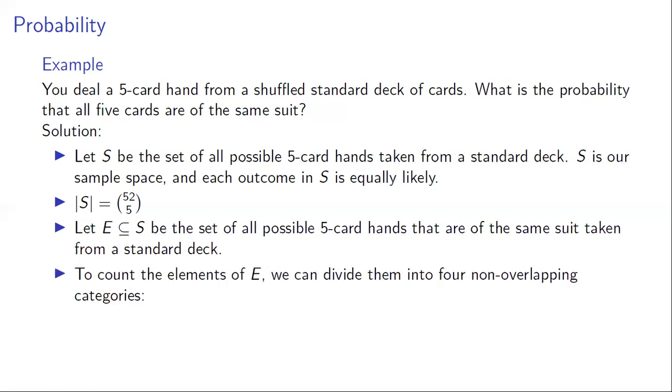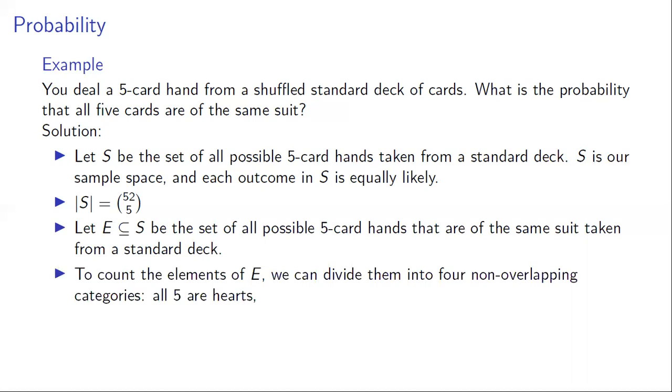To count the elements of E, we will divide them into 4 non-overlapping categories. The first category is where all 5 cards are hearts. This is a category, meaning we have lots of different options in it, but the common denominator is that all 5 are hearts. Even with this restriction, you still have many different possibilities.